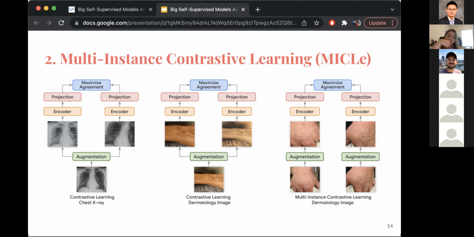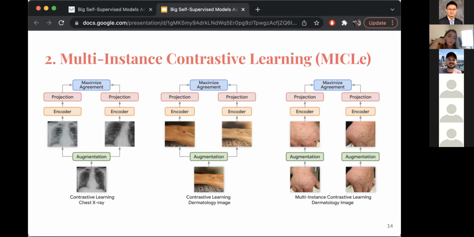Because we don't have the label, we're assuming we don't know the label, so we cannot take two images from the same class and try to maximize the agreement. That would be supervised contrastive learning, right? But here, I guess they just leverage the nature of the data set. Maybe in this case they capture multiple views or two shots of the same patient, same condition.